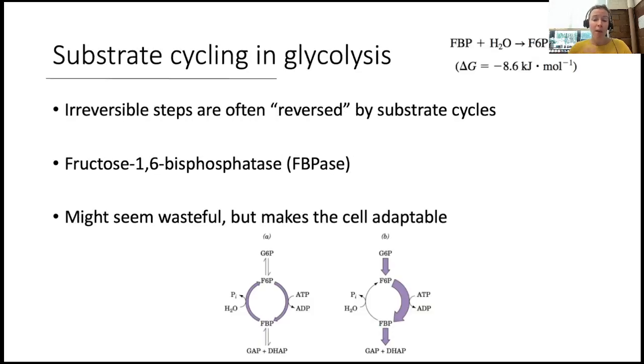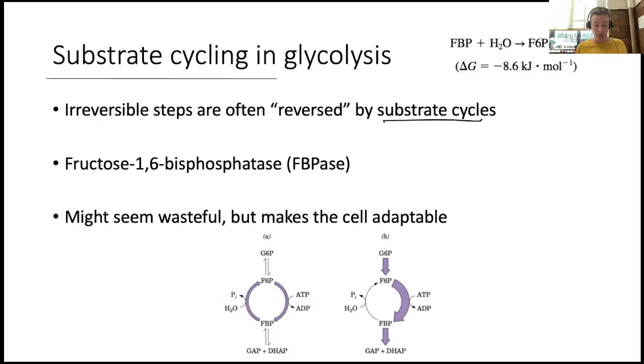Finally, folks, I'm going to mention a couple of things to us to keep in mind. Of course, there is substrate cycling in glycolysis. Remember, most rate-determining steps we think of as being irreversible because they have such a large negative delta G. But we still need to be able to reverse the metabolic pathway. Well, we do this by introducing a new enzyme at the point of the rate-determining step, and we call it a substrate cycle.